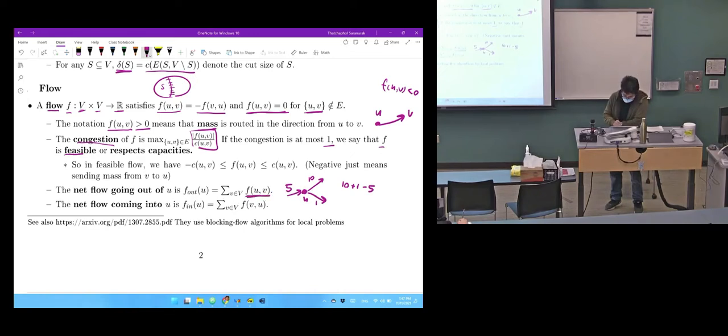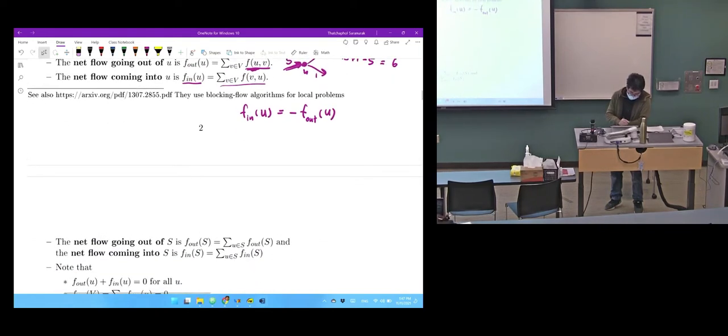But the term here is going to be negative because of the direction, like this one is negative, for example. So this is going to be like 6. And net flow coming into U is really just the same thing but with the direction flipped.